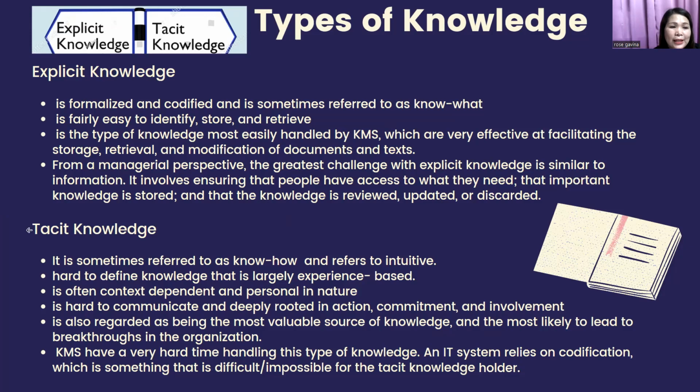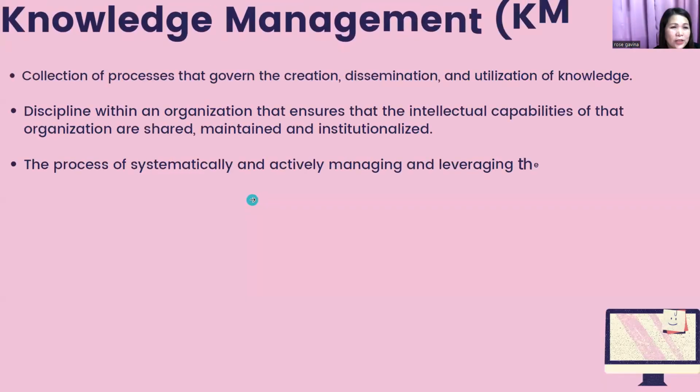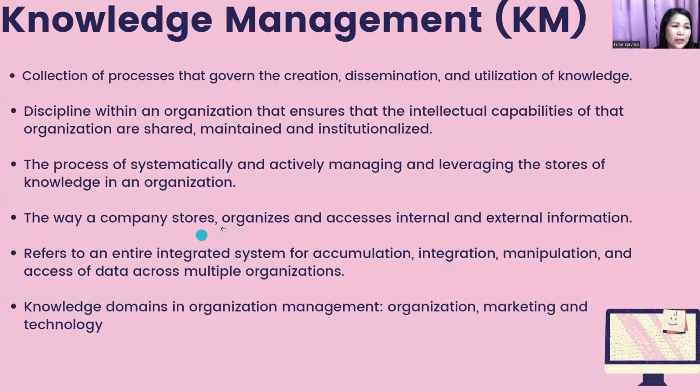After learning the definition of knowledge, follows knowledge management or KM. Knowledge management or KM is a collection of processes that govern the creation, dissemination, and utilization of knowledge. It is a discipline within an organization that ensures that the intellectual capabilities of that organization are shared, maintained, and institutionalized.